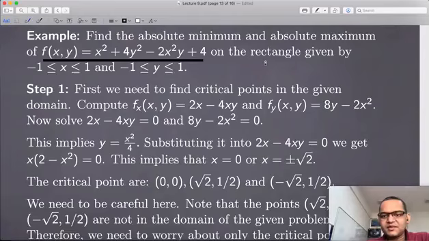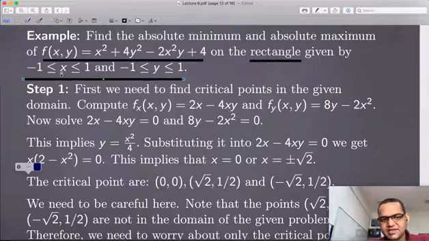And the domain is a rectangle. Here you see less than or equal to signs. One can easily check that this domain, where x and y vary from -1 to 1, including -1 and 1, is a closed and bounded domain. And f is just a polynomial in x and y, so this is definitely a nice function. It's a continuous function.